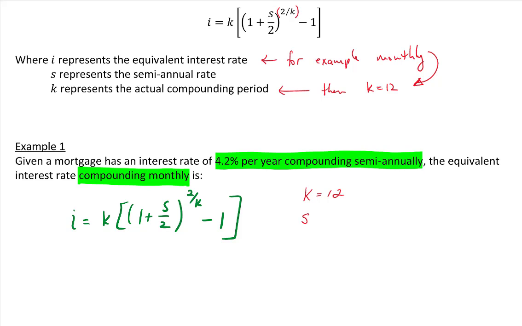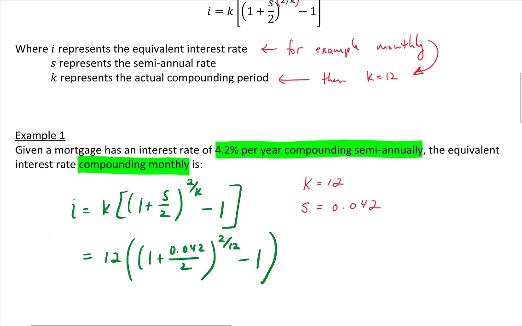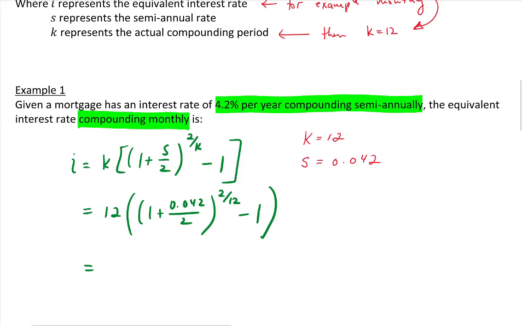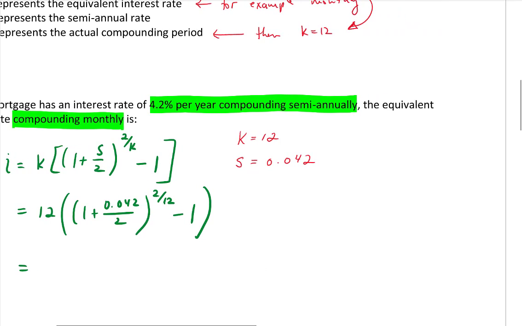Our S value is just our semi-annual rate, which is 0.042. Next, we sub in our values. And then finally, we let the calculator do the rest of the work. Now on your calculator, it might look something like this.